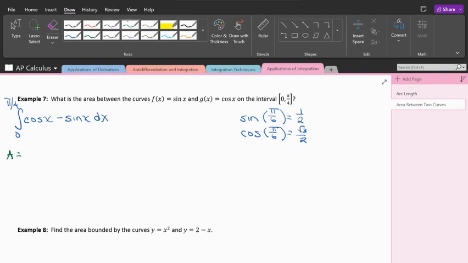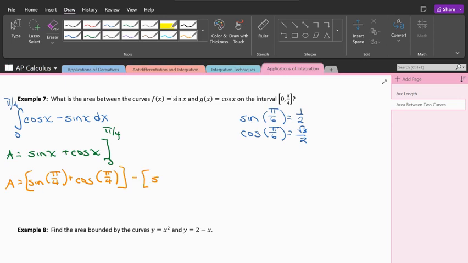And then we're going to integrate. And so our area is going to be, the integral of cosine is sine x. Integral of negative sine x is positive cosine x, from 0 to pi over 4. And so we have the sine of pi over 4 plus the cosine of pi over 4, minus, and be careful especially when cosine shows up, because the cosine of 0 is not 0.